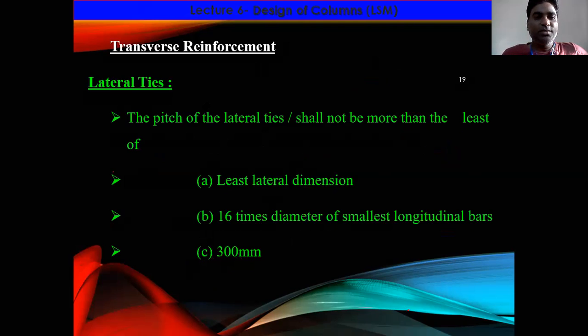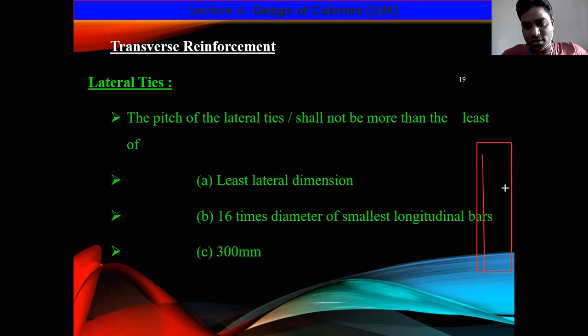And the pitch is nothing but what? It is the center to center distance between the lateral ties. That means suppose this is your column, for example, and this is, let us say, a longitudinal cross section, and you need to provide lateral ties like this, right?